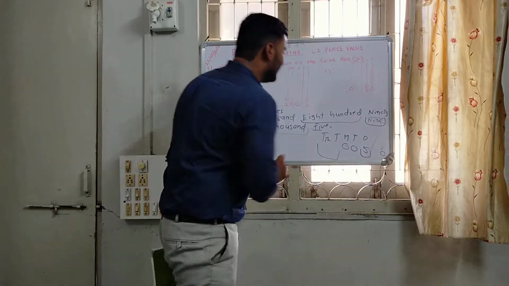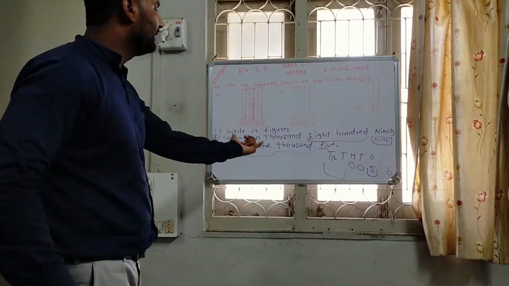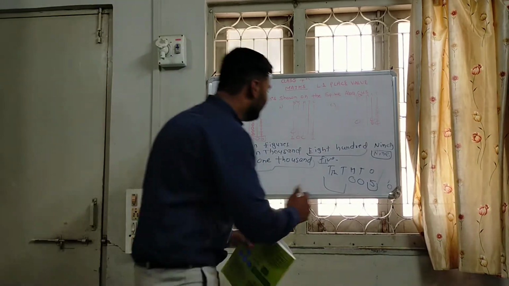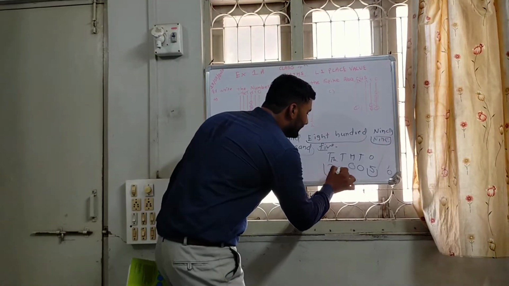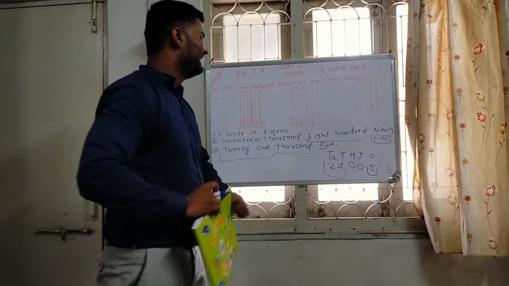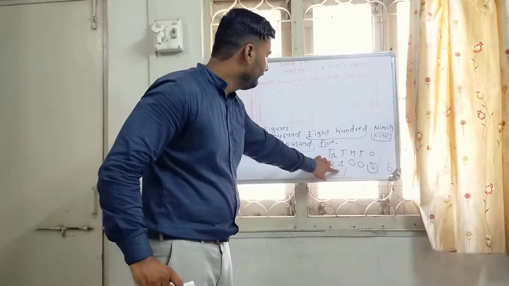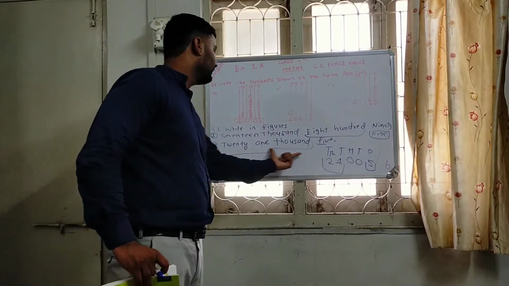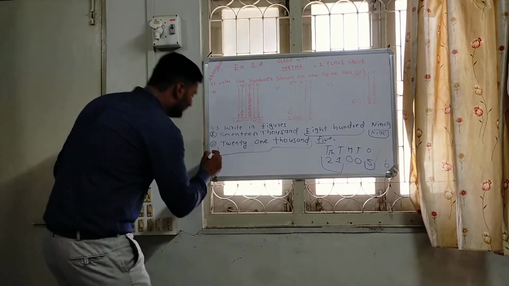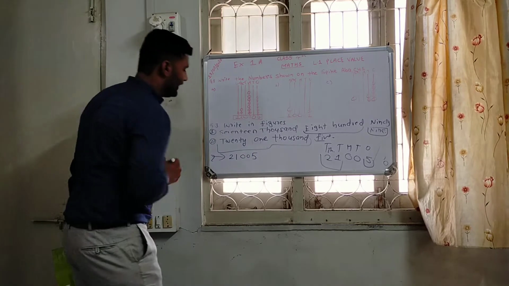How many hundreds are there? 0 hundreds are there. Just 21,005. 21 means 2 ten-thousands and 1 thousand, that is 21,000. This is nothing but our answer. 21,005.